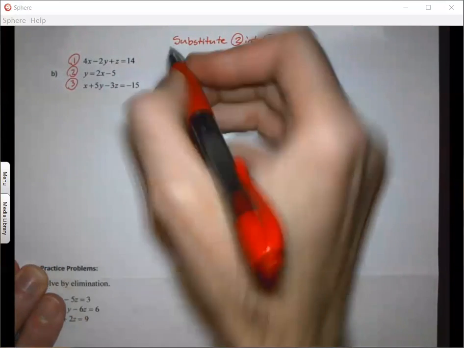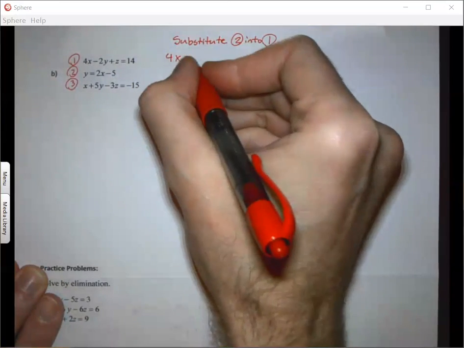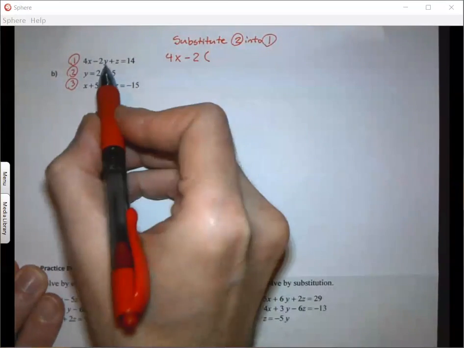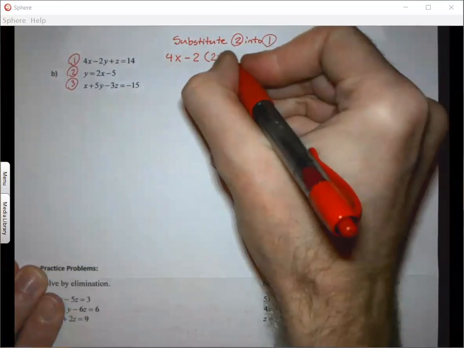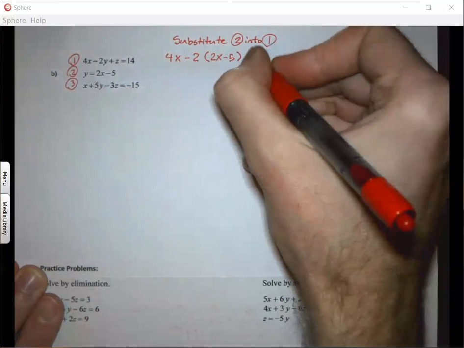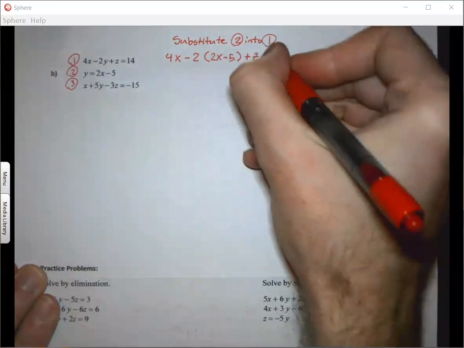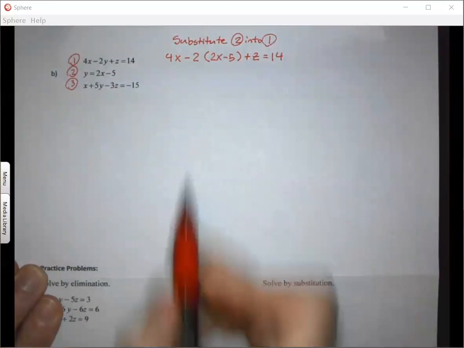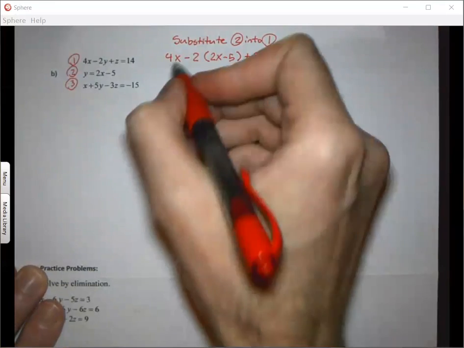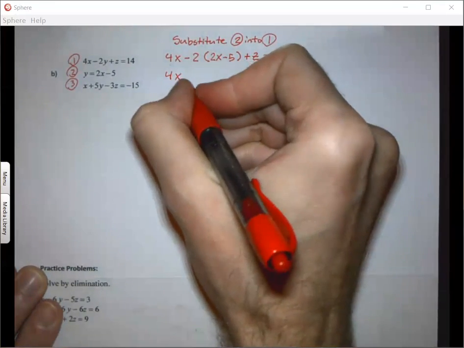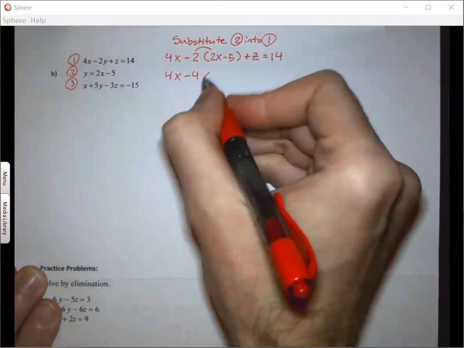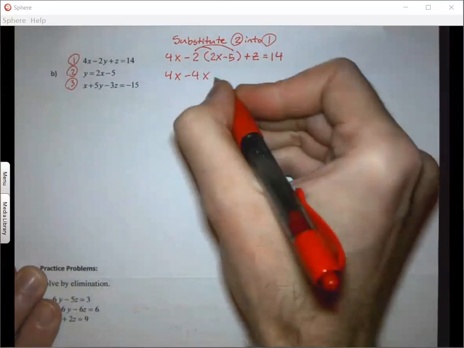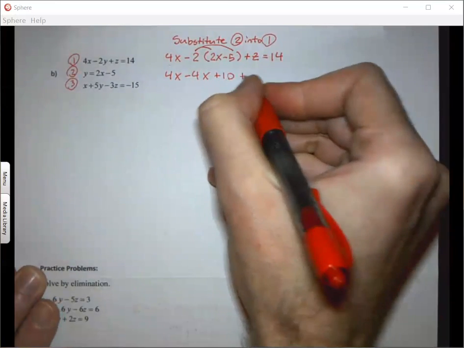Starting with 1, 4x minus 2y, which we know is 2x minus 5, plus z equals 14. So let's simplify. Distribute. -2 times 2x is -4x. -2 times -5 is plus 10.